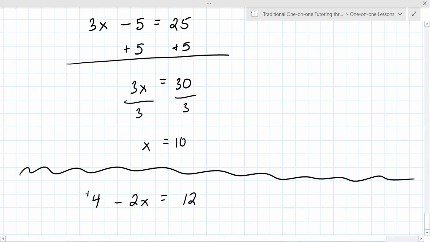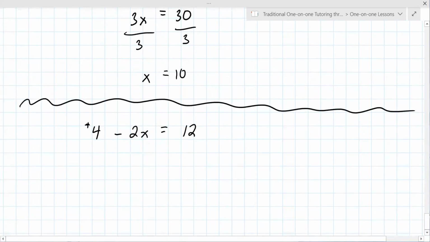This is positive 4. So first you have to undo addition and subtraction, then multiplication and division. That's right. The 4 is already positive. So how do you undo positive 4?